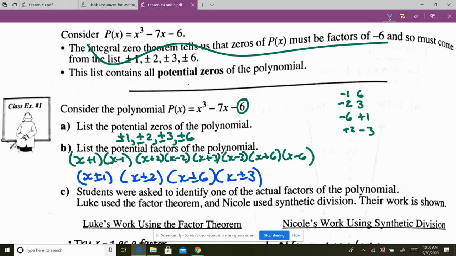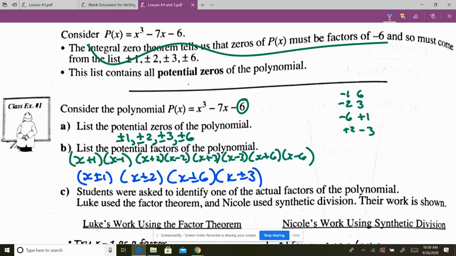How do you know which one of those would be a factor? Is the correct factor, the one to start with? How do you know if something is a factor? We just did it. What does the factor theorem say? If the remainder is 0, then it's a factor.